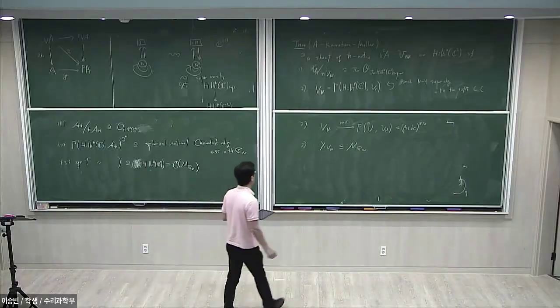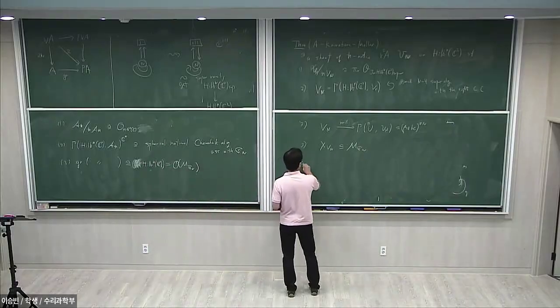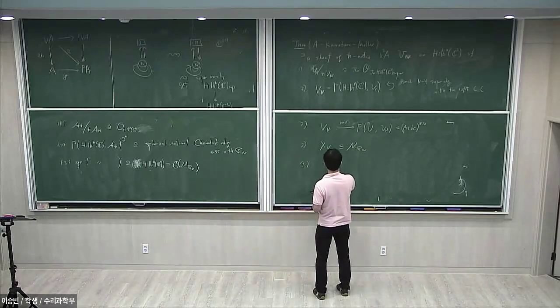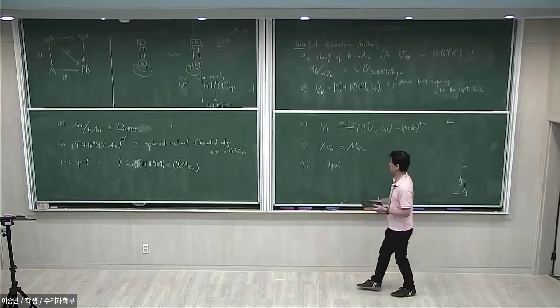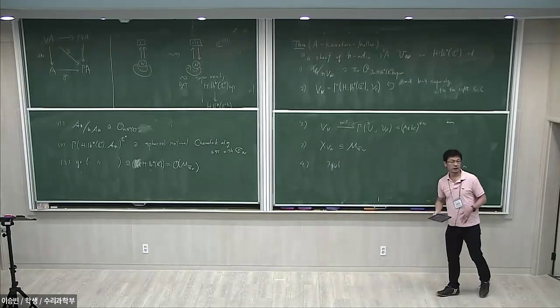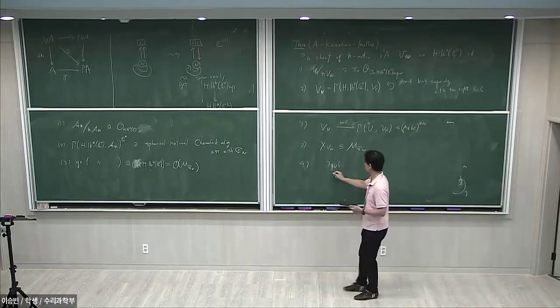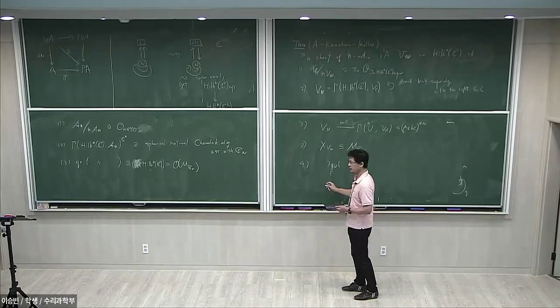And well, yesterday I said the character of this vertex algebra is quasi-modular. And as I explained yesterday, in the super case we have to replace the character by the super character.